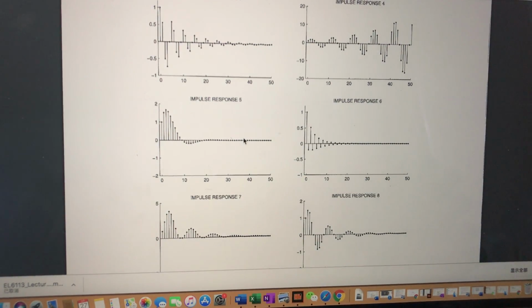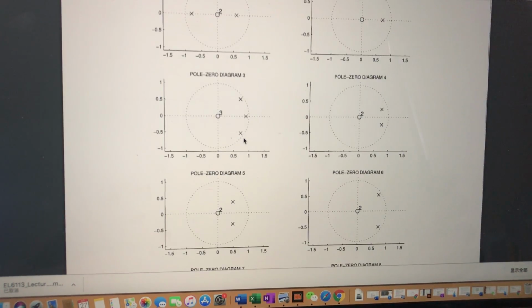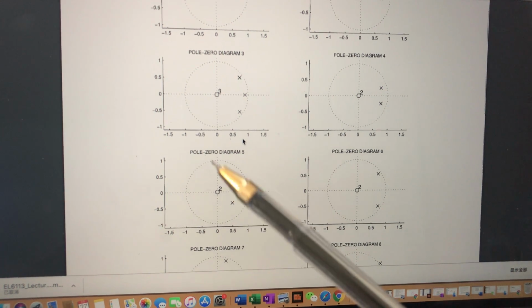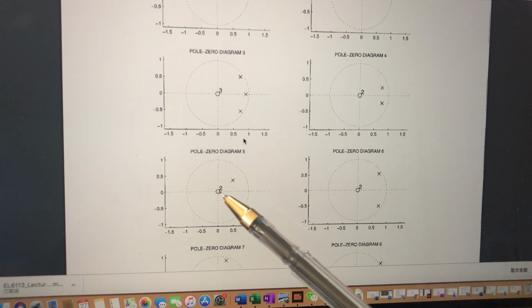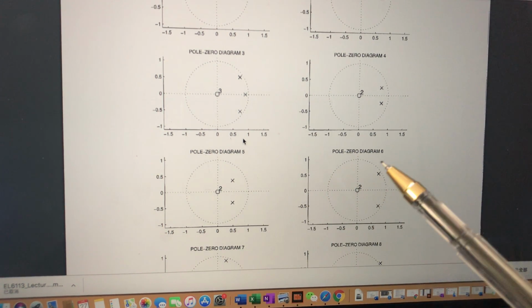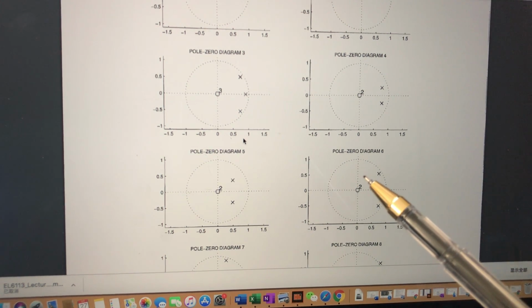So next we're going to talk about 5 and 6 together, because for those diagrams, the omega, which is the angle of this one, is the same as this one, which means they have the same frequency.